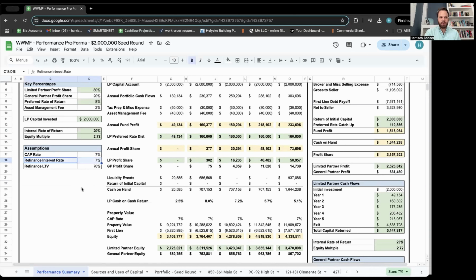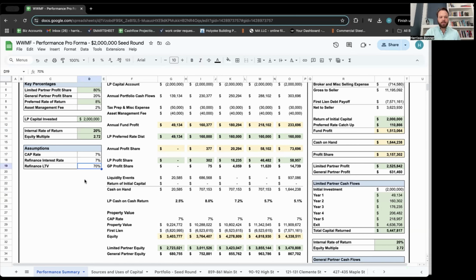This is a refinance interest rate of 7%. So any property that has a refinance modeled into it is modeling a 7% interest-only loan. This is kind of middle of the road for the market. I didn't want to get too deep into amortization of paying down principal, so just for simplicity, we're modeling this at a 7% interest-only loan for any property that has a refinance event.